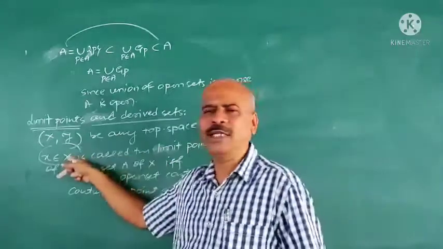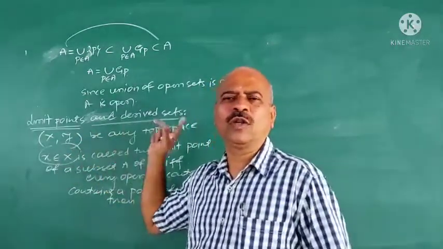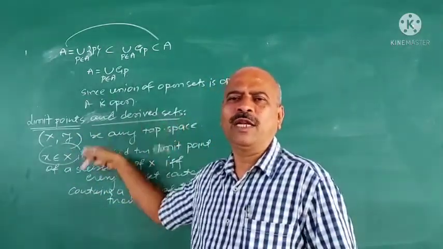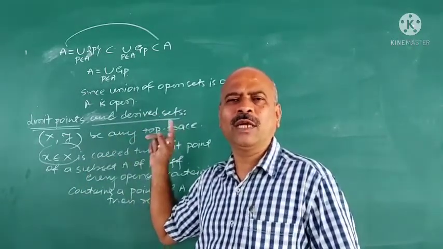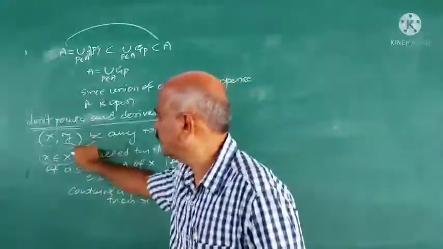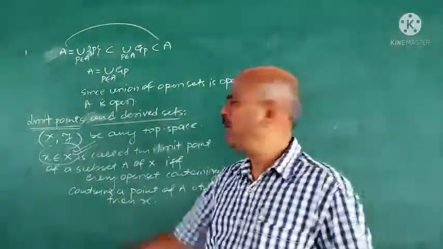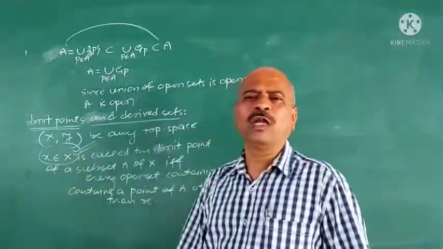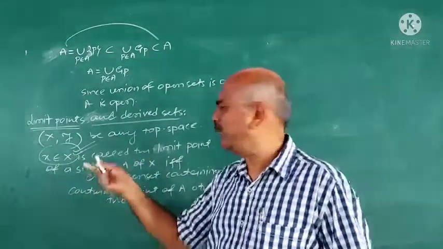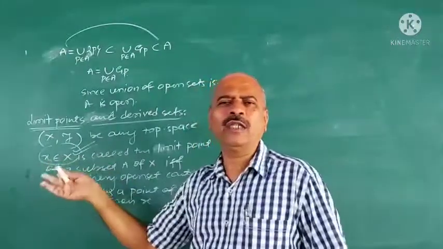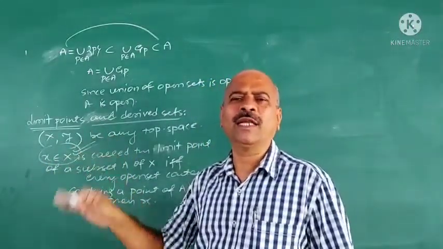The limit point definition is like this. X is a topological space. Capital A is a subset of X. A point X belongs to X, this is important, is called a limit point of the set A if every open set containing X contains a point of A other than X.